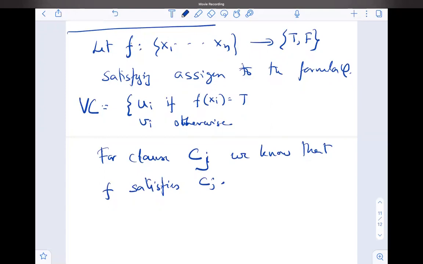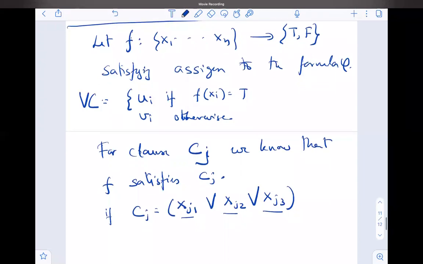That means, so what is cj? Cj is equal to say xj1 or xj2 or xj3, right? At least one of them is true, right? Right? At least one of them is true.